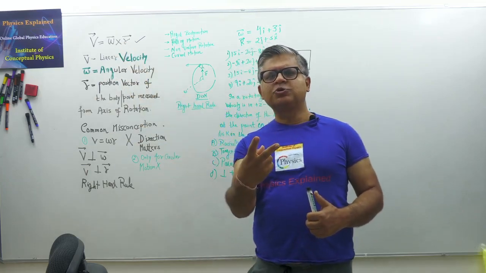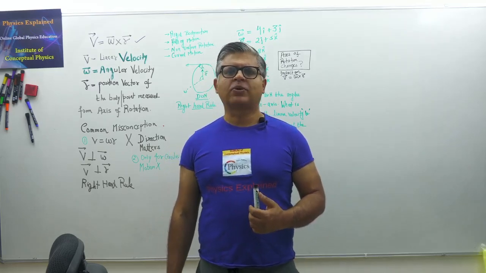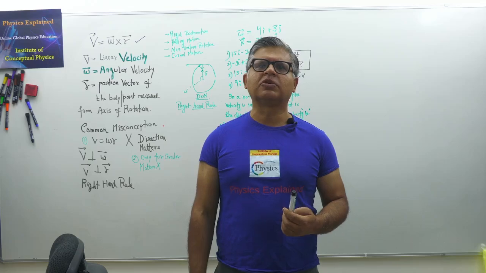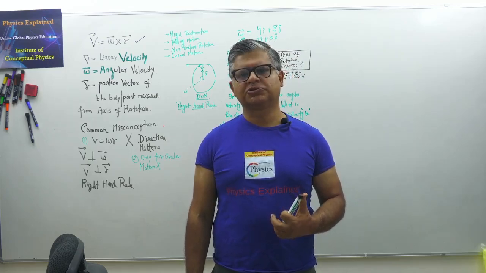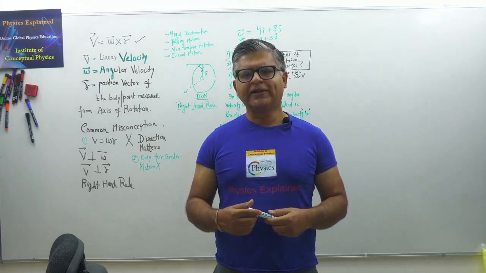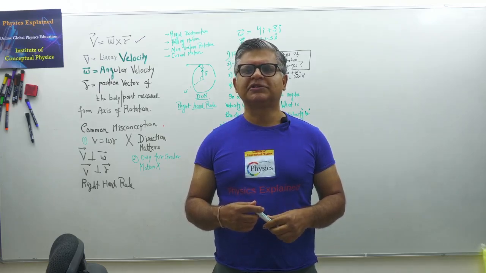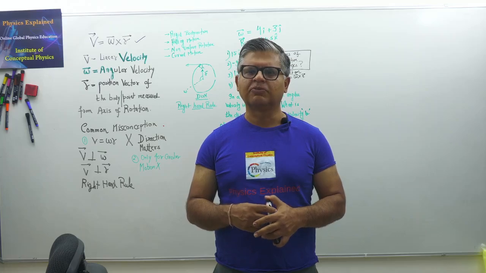The second confusion which the students have is, they think we will use these equations only for questions that have uniform circular motion, because they see these questions in uniform circular motion. The point is that is not correct. You are not supposed to use this equation only for uniform circular motion.